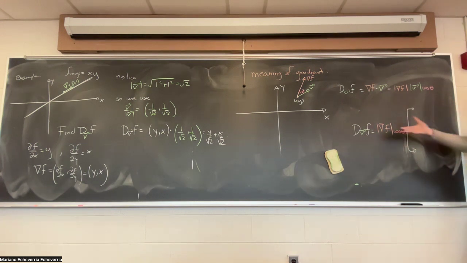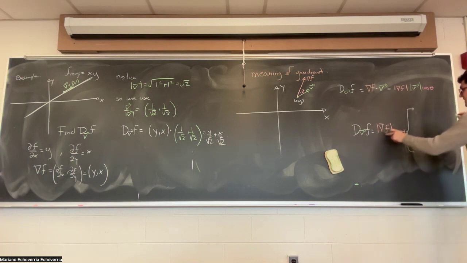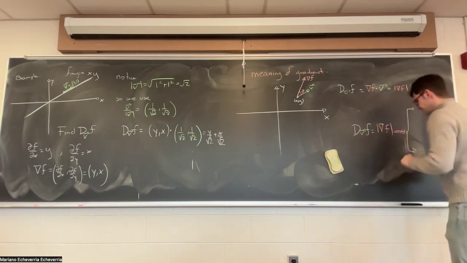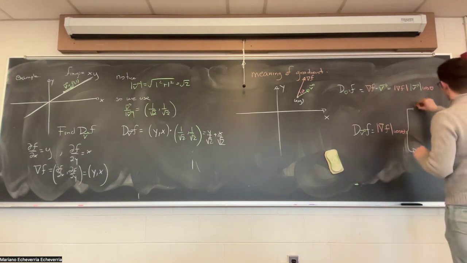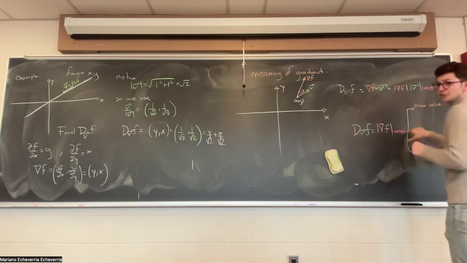The maximum this directional derivative can ever become is precisely when the cosine happens to be 1, right? That's what would make this product the largest. So this gives you the max value when the cosine equals 1, right?